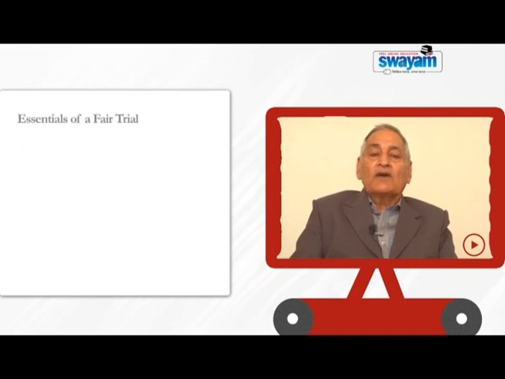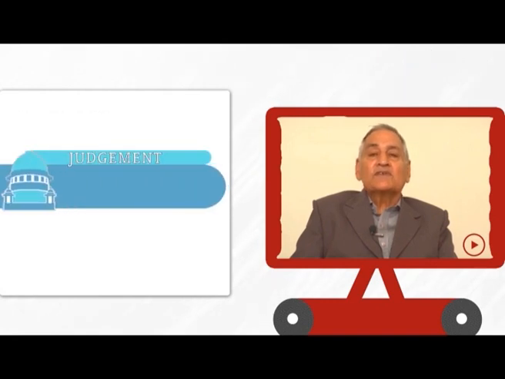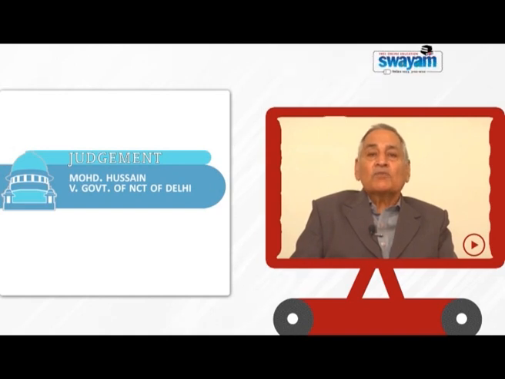Now, the essentials of a fair trial is the fourth important issue on which the Apex Court has given a very important ruling, Mohammad Hussain versus State (NCT of Delhi). This case becomes important because, on the one side, delay in disposal is also an essential of a fair trial.